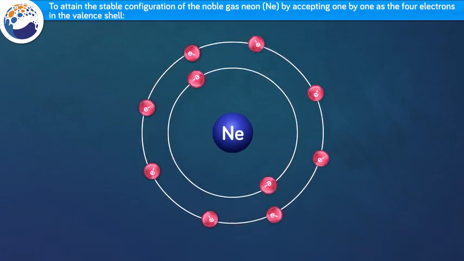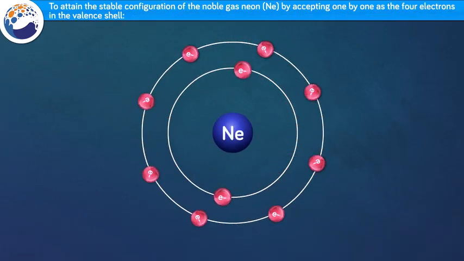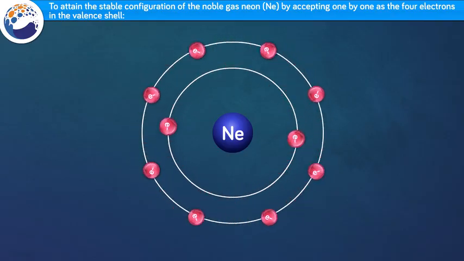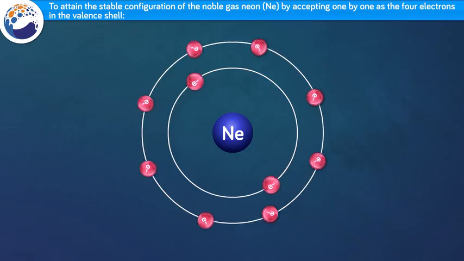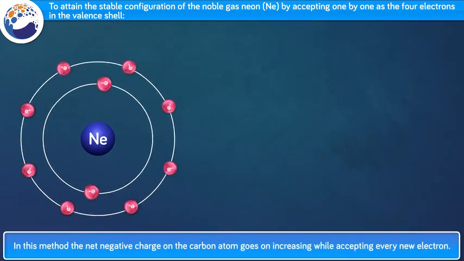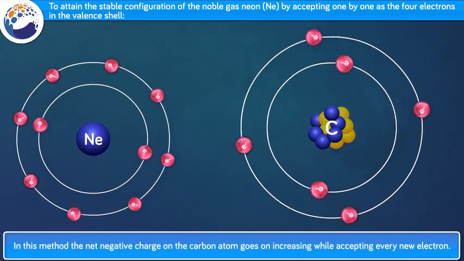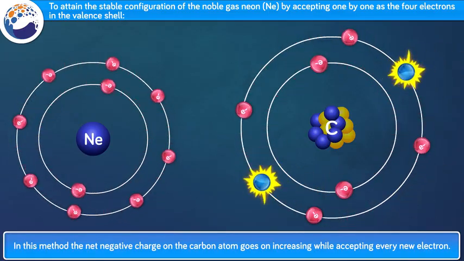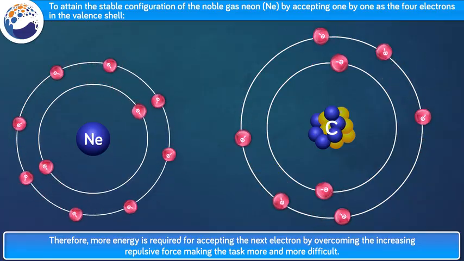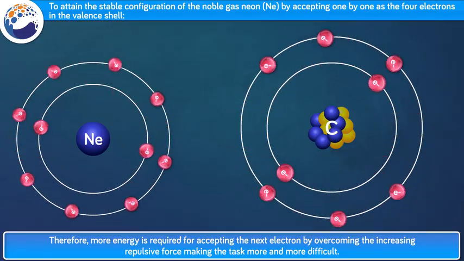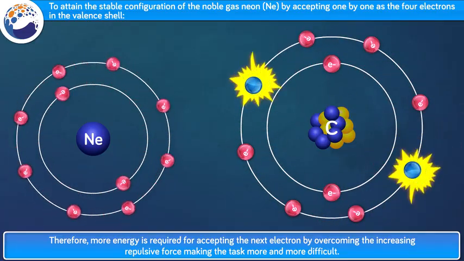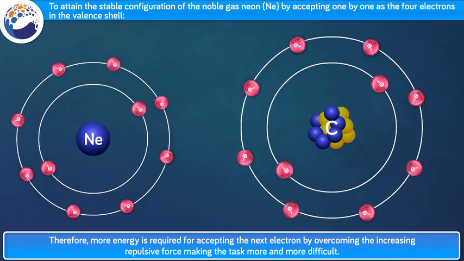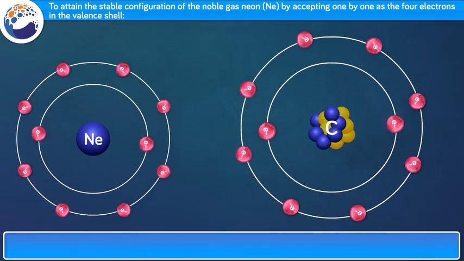To attain the stable configuration of the noble gas neon, Ne, by accepting one by one the 4 electrons in the valence shell. In this method, the net negative charge on the carbon atom goes on increasing while accepting every new electron. Therefore, more energy is required for accepting the next electron by overcoming the increasing repulsive force, making the task more and more difficult.